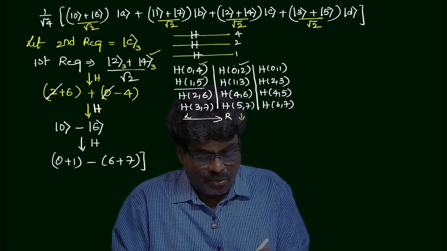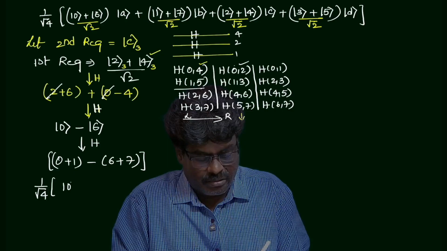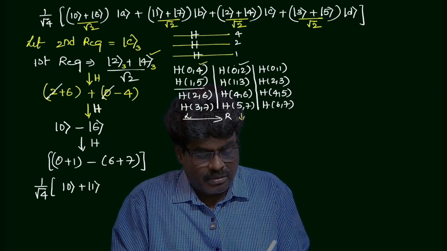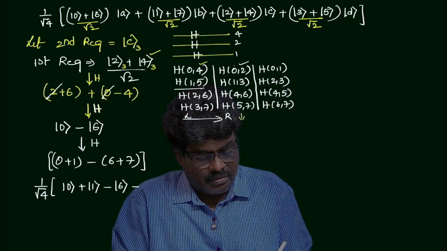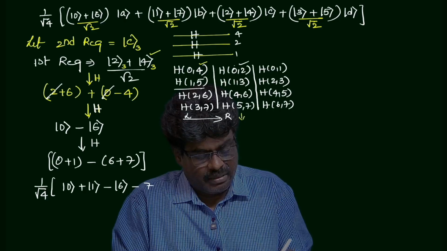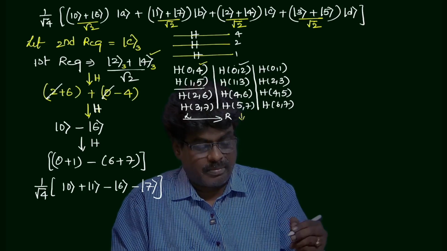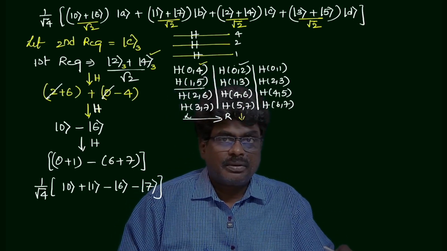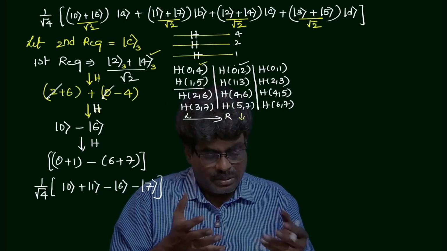So again we have 4 states, that's why I can write 1 by root 4, 0 plus 1 minus 6 minus 7. That's it.